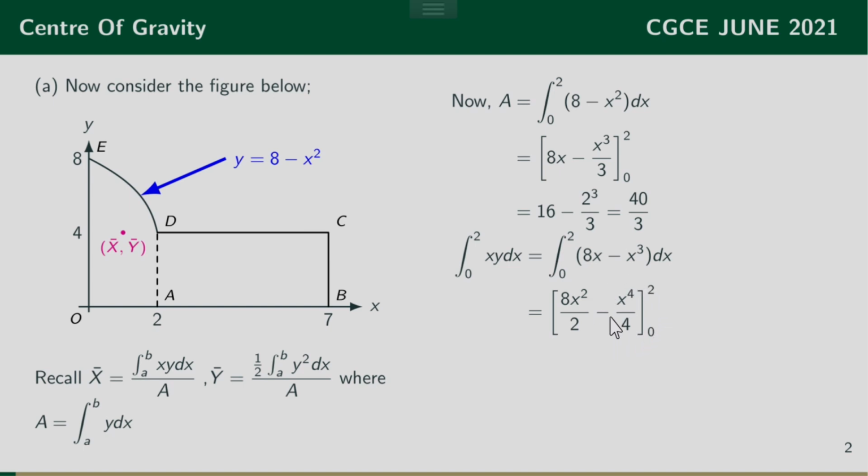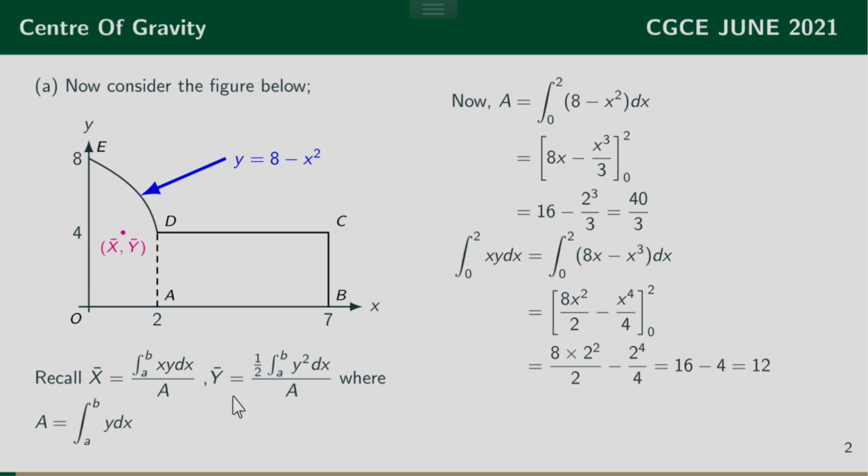Let me plug in the limits, and I'll be having 8 times 2 squared divided by 2 minus 2 raised to the power 4 divided by 4. Remember, when I plug in the lower limit into this expression, it boils down to 0. So 2 squared is 4 divided by 2, 2, 8 times 2, 16, 2 raised to the power 4, 16 divided by 4, 4. So it boils down to 16 minus 4, which is equal to 12. So the value of this integral is equal to 12.